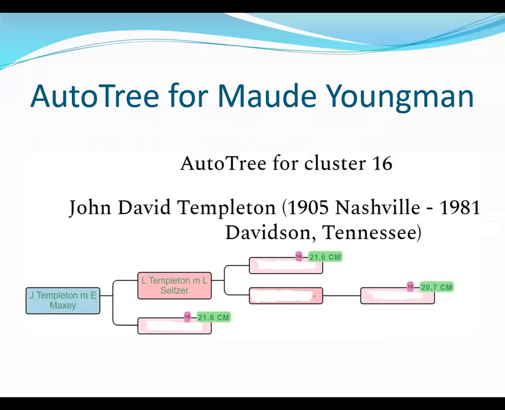If I run the AutoTree, you can see in this particular situation that there are 3 people who share approximately 20 centimorgans with my grandmother, who descend from John Templeton and his wife, Erlene Maxey. So I'm getting some information about shared ancestry. So somehow my grandmother is related to either John Templeton or Erlene Maxey in some way.